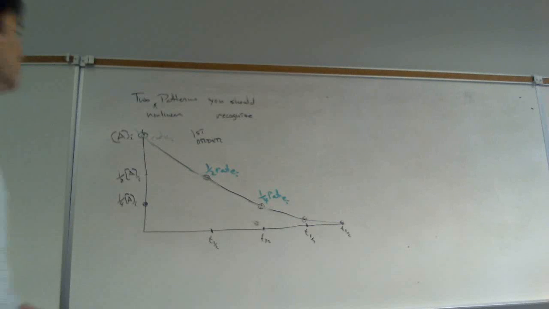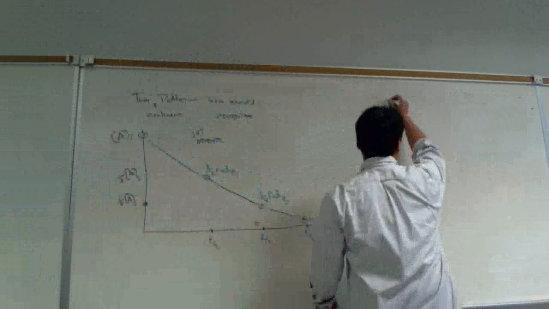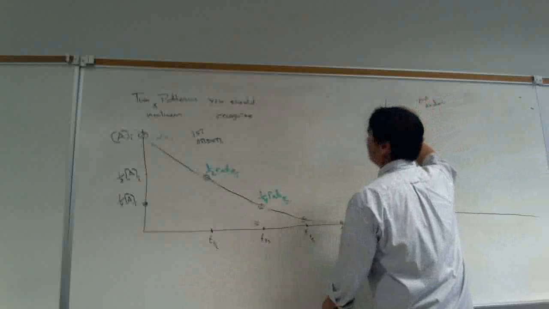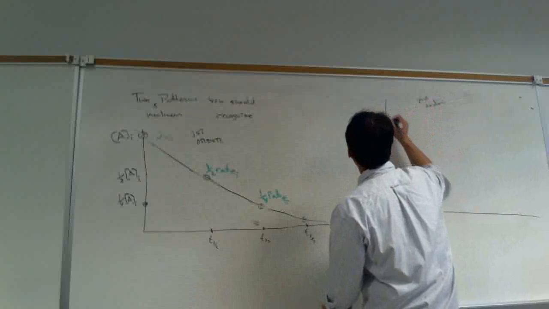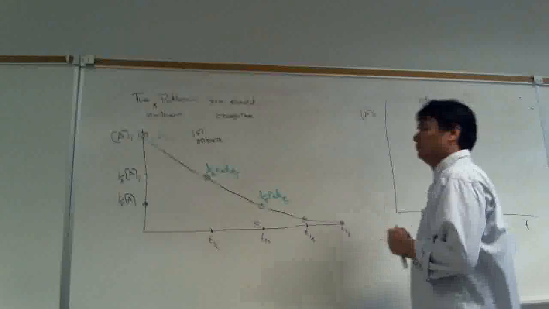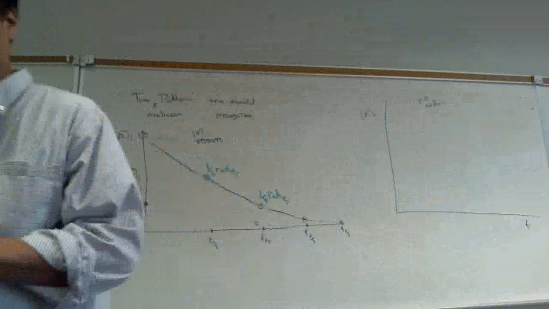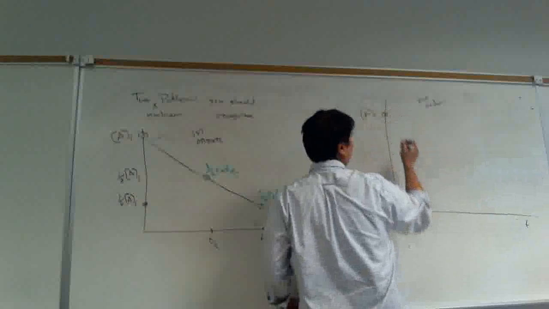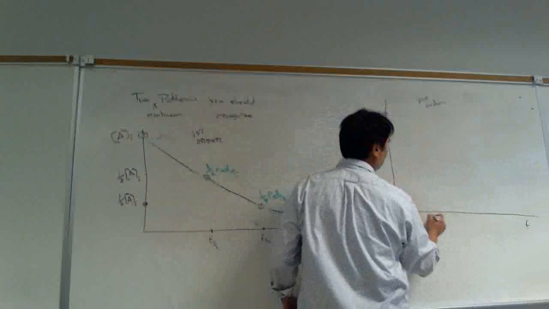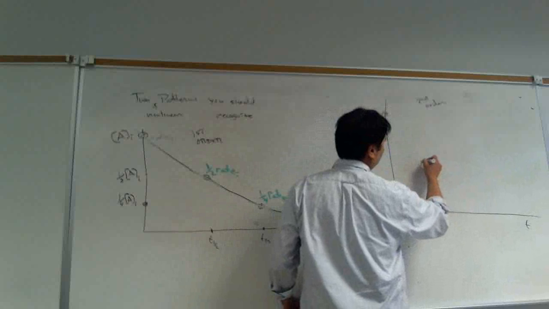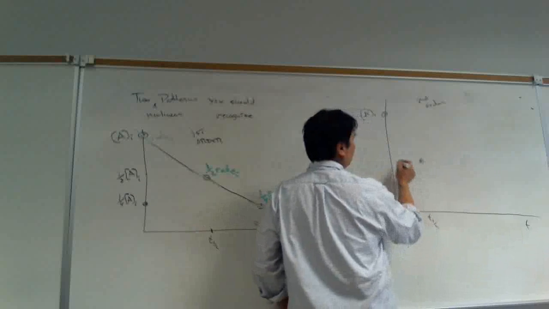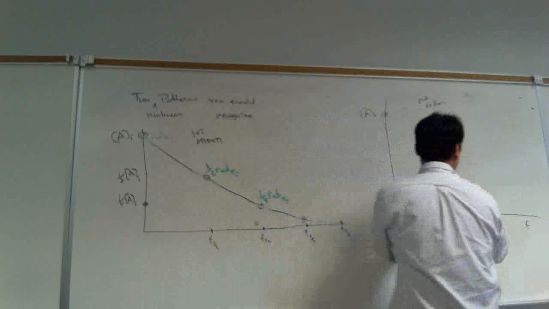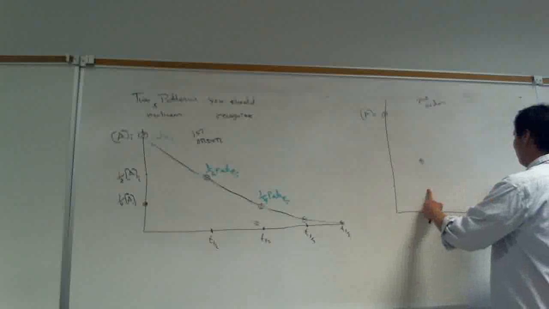The other pattern you need to learn to recognize is second order. With second order, if we start off with A initial here and we cut it in half, let's say it takes this long, T1/2. Then we cut this one in half again, and it takes twice as long as the previous half-life.